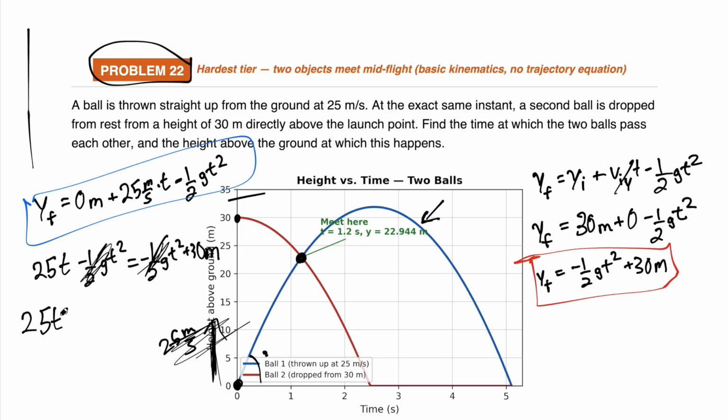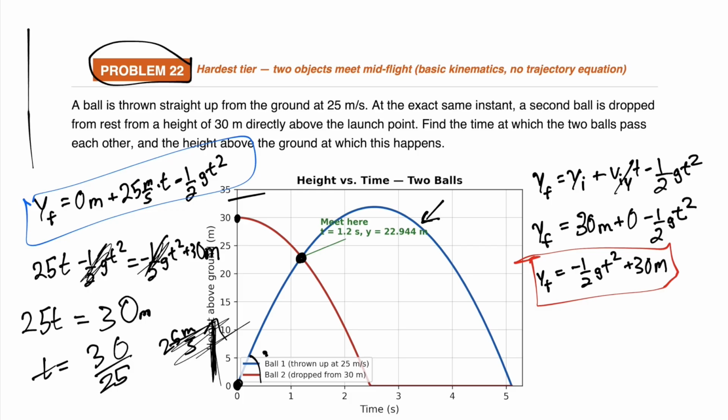So 25t is equal to, no t squared, just t, is equal to 30 meters. So now you could do t is equal to 30 divided by 25.